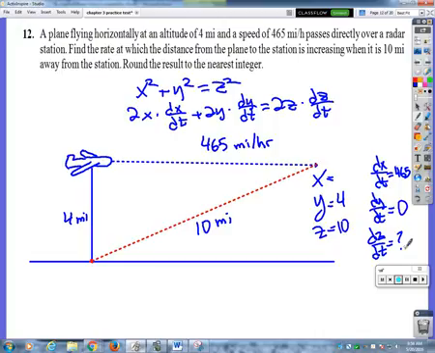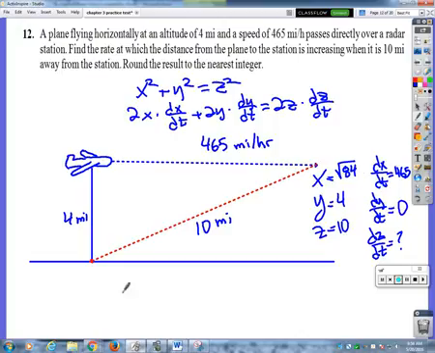So we're only missing one piece of information, and that's x. No, because you subtract. So it's 100 minus 16. So x is the square root of 84. Okay, so plug all that into that derivative.